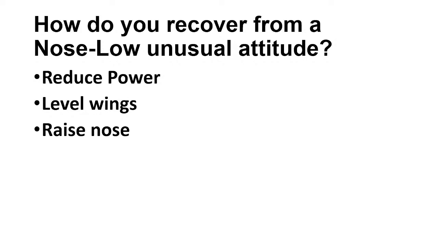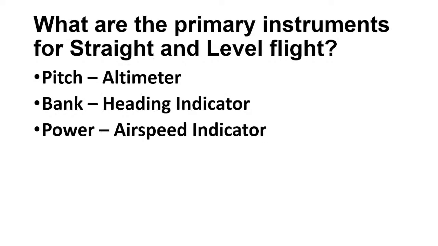All right, so for straight and level, let's always go pitch, bank, power. When you study these, do them all pitch, bank, power. So straight and level, if you can make that little sheet on the oral, on the written test, you should sit down and draw Rod Machado's little diagram, because then you can just go through, okay, they said level, so altimeter, straight, heading indicator, power for speed, right?